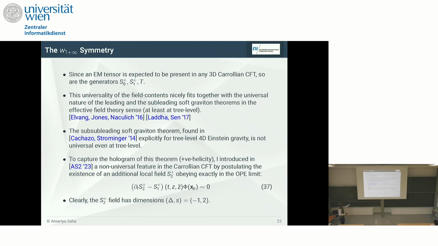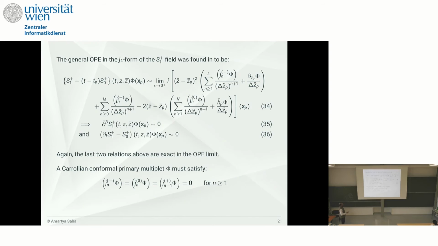Okay, so now, how to get this W1 plus infinity symmetry just from symmetry principles. As I said, I would like to really encode the sub-subleading sub-graviton theorem, and taking cues from what we have seen before, like this relation del T S1 plus minus S naught plus is 0 in the OP limit, and we have seen that S1 plus Ward identity contains the leading and sub-leading sub-graviton theorem.